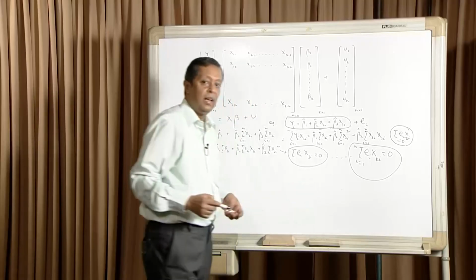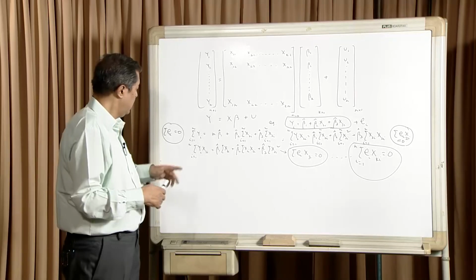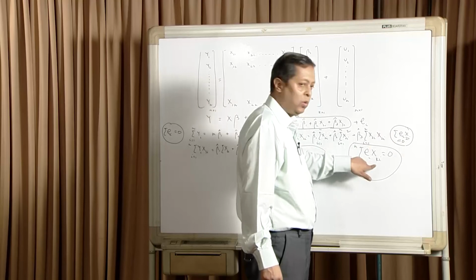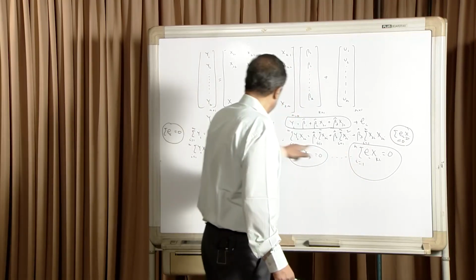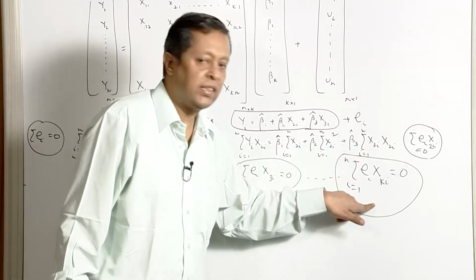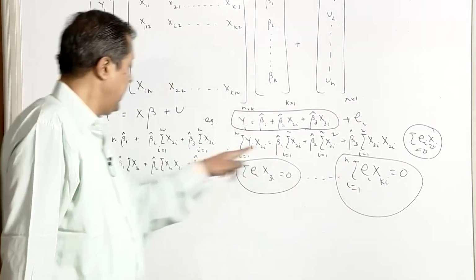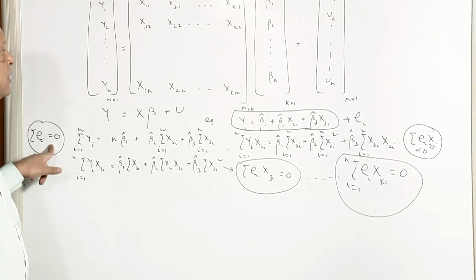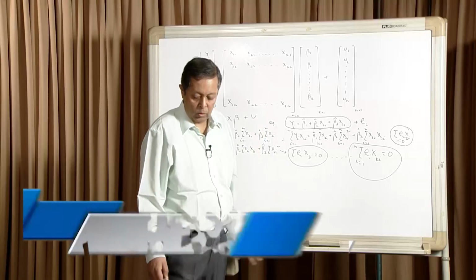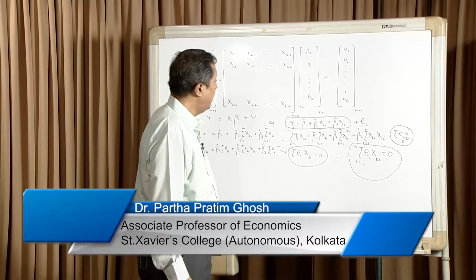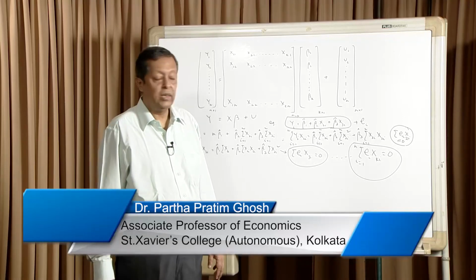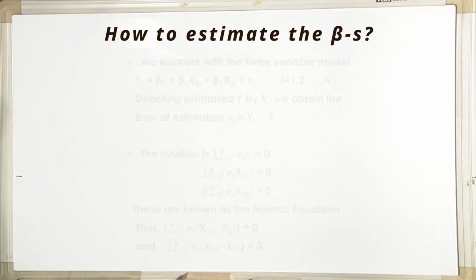So, in that case, how many equations do we have? From 2 to k makes k minus 1 equations, and then the first one. So, we have k equations for estimating beta 1 through beta k. That now gives us an idea about how to estimate the parameters beta using observations.